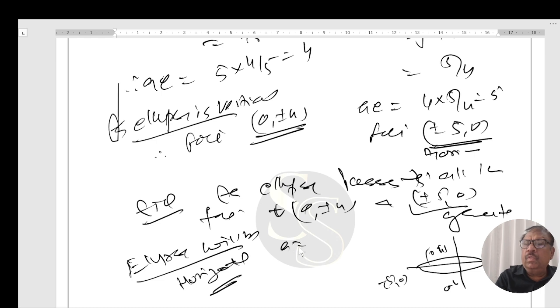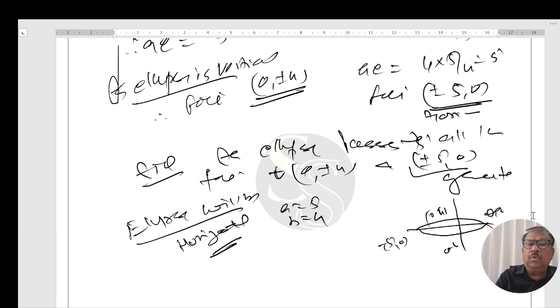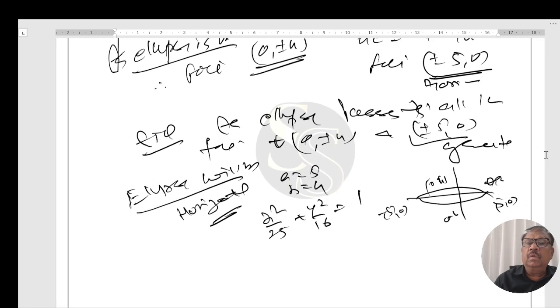Therefore, a equal to 5, b equal to 4. These are the vertices. The equation will be x square upon 25 plus y square upon 16 equal to 1.